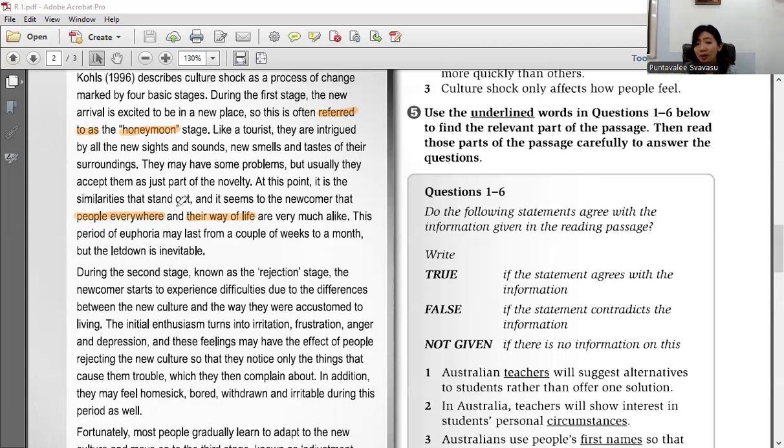So it's people everywhere. Okay, so this is the first keyword. It's gonna be in this sentence here. The next one that we want to focus on is the word notice, because it says here that newcomers notice something. The word notice, I would say, is matched to the word stand out.